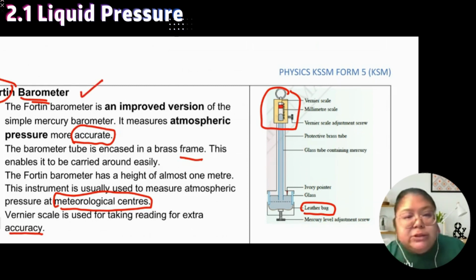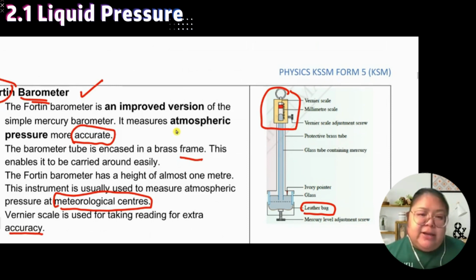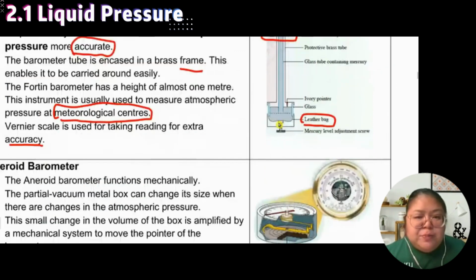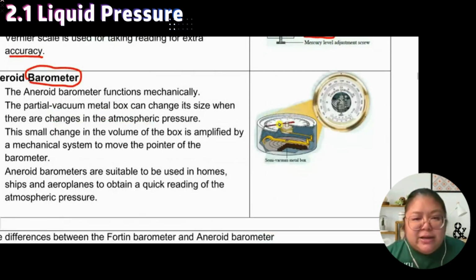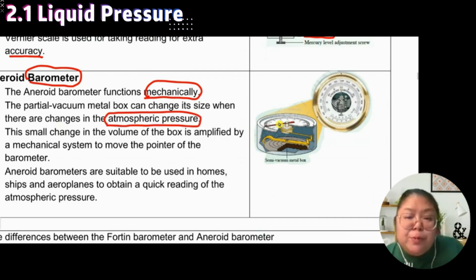So from here, this one is normally for true readings to be shown. It is not suitable for calculation, only for measuring atmospheric pressure more accurately. Next one is smaller than the 1 meter one: the aneroid barometer. The aneroid barometer uses a mechanical partial vacuum metal box. The partial vacuum metal box can change size when the atmospheric pressure changes. If the atmospheric pressure differs, its size changes, maybe pressed less. When it is pressed, the needle shows the reading. Small changes in the volume of the box are amplified by a mechanical system to move the pointer of the barometer.